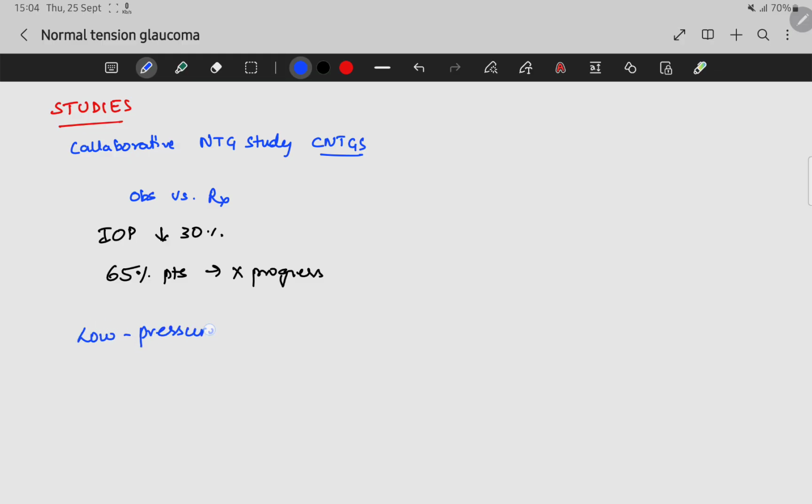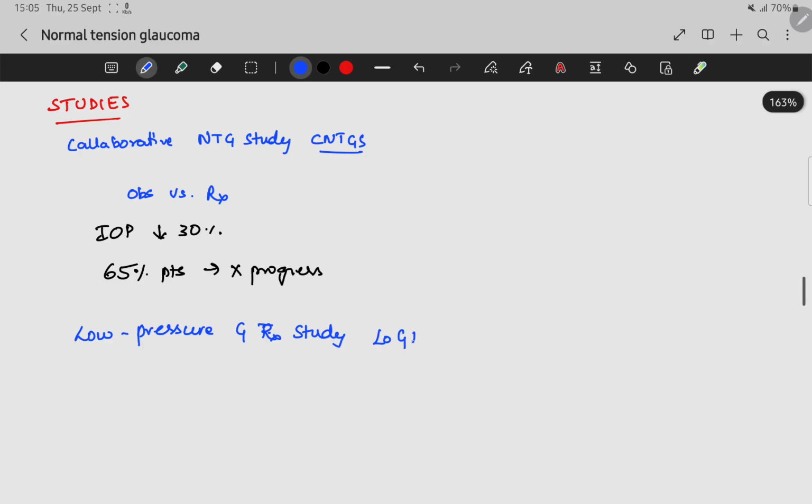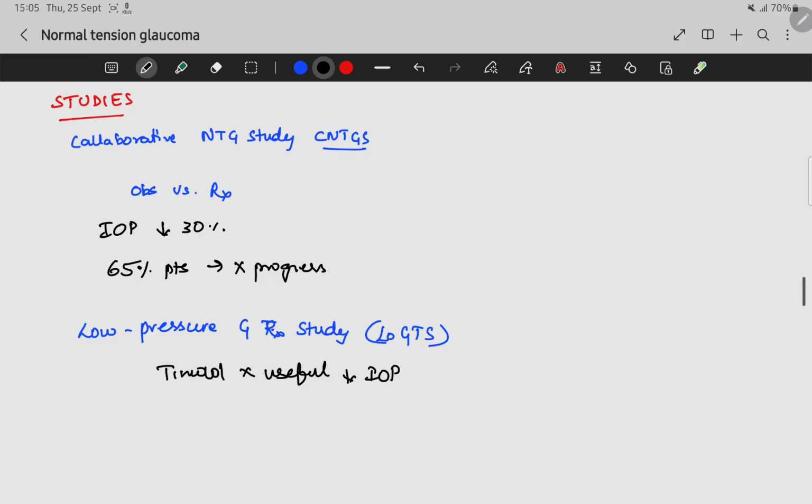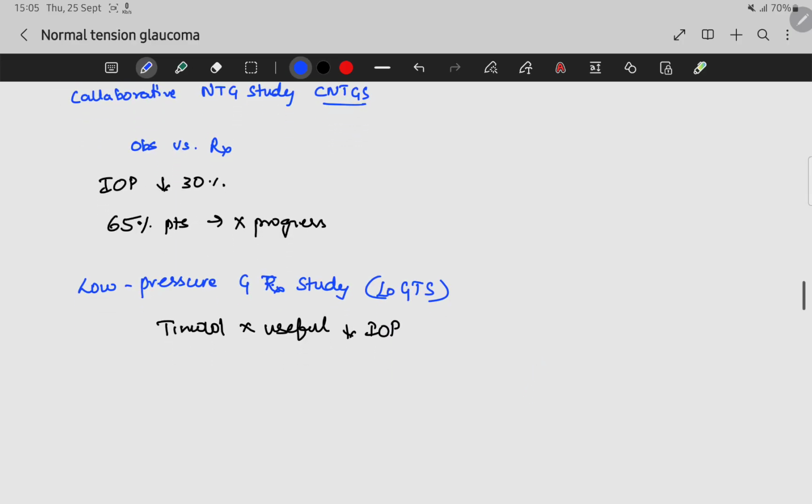Then we have the low pressure glaucoma treatment study. It says timolol is not useful in reducing the IOP. And we have the early manifest glaucoma trial.